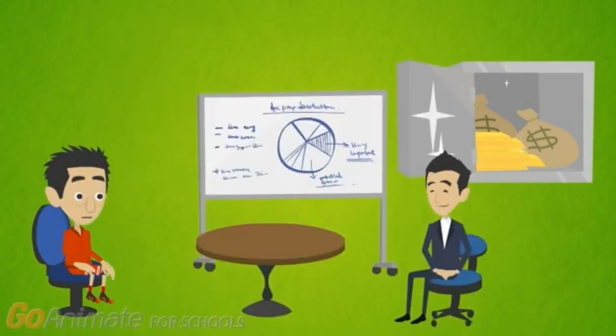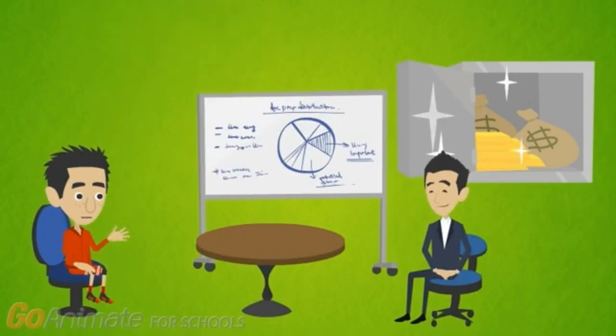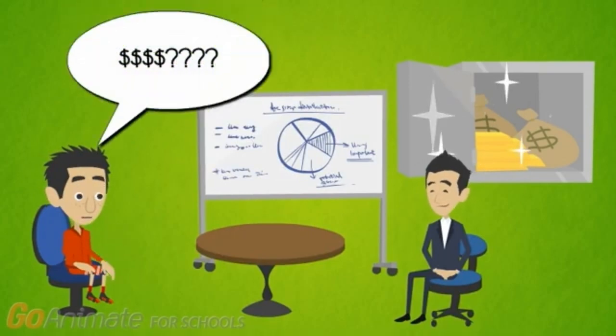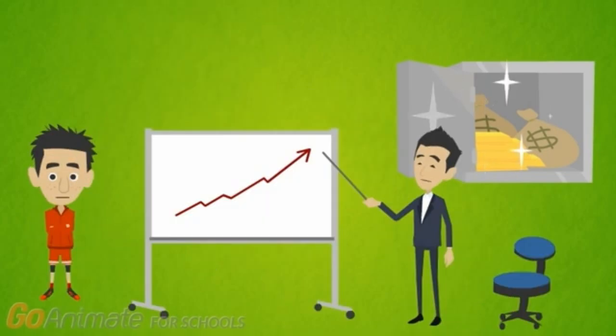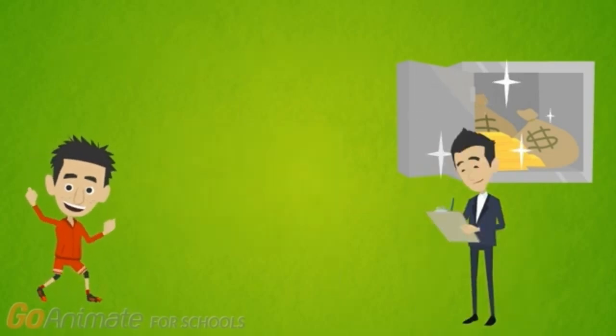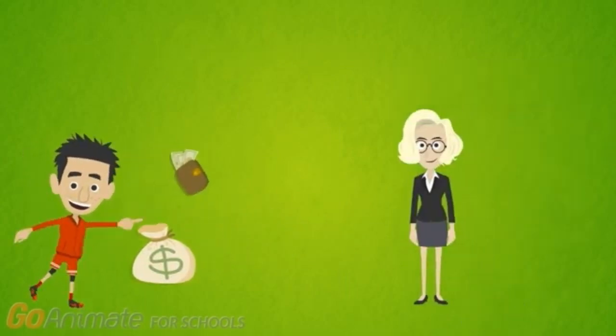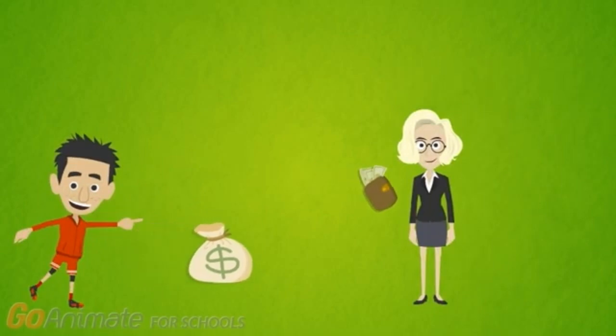So, asked Billy, if I take 5 years to pay off the $18,000 that you loan me, how much will this cost? It is merely $1,800 times 5, which is $9,000 interest. Billy thinks this sounds pretty good. The bank advances Billy $18,000. Billy combines this with his $2,000 deposit and pays this to the car salesperson.